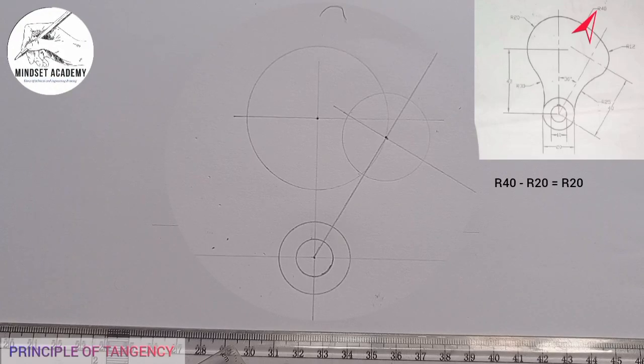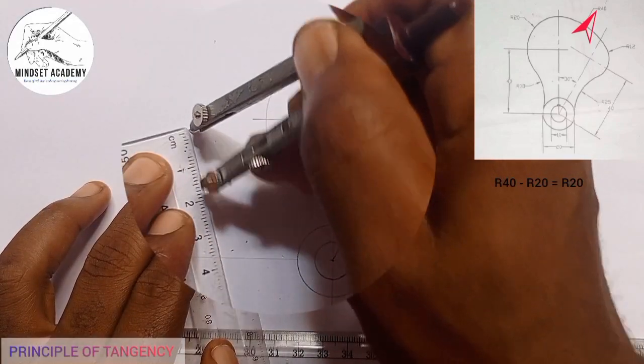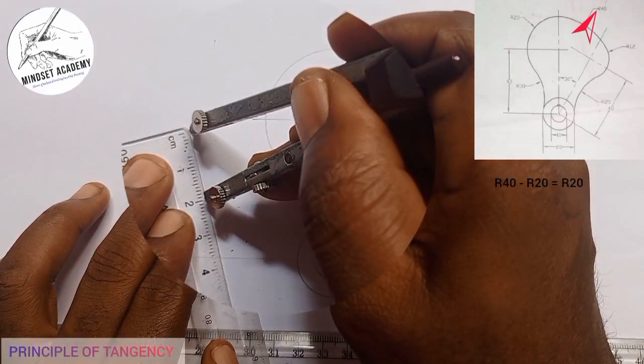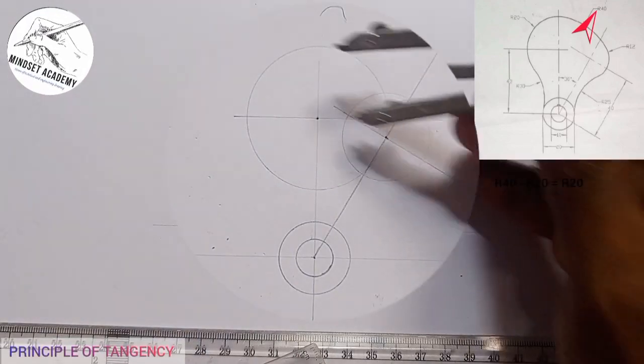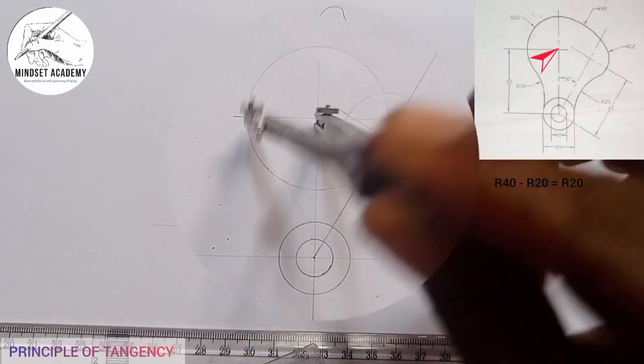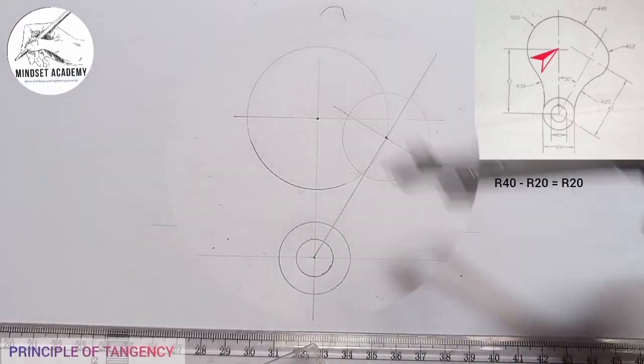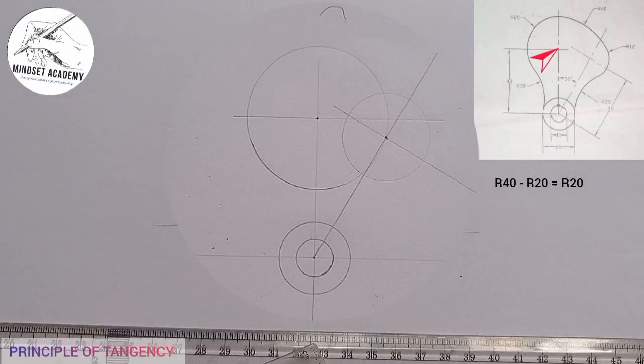I'm going to measure radius of 20 on my meter rule this way. From here to here is 20, right? And I'll place it at this center here because that's the circle I'm considering. I will strike an arc at this other side here. You can see that.